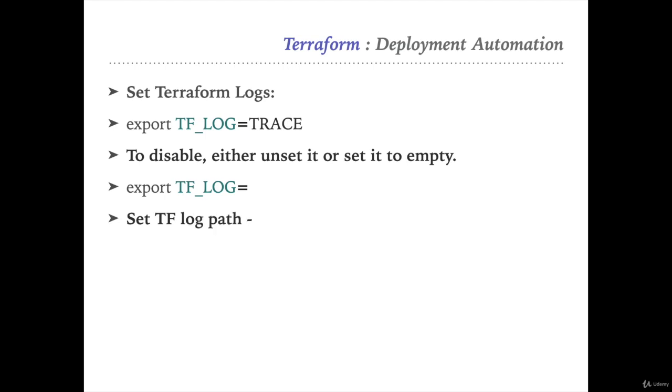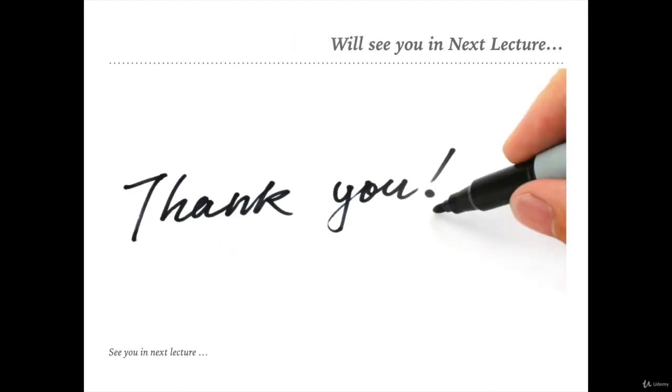Whenever you want to set the Terraform log path, you can export another environment variable called TF_LOG_PATH. Over here, we are exporting the path as ./terraform.log. It means in the current directory, and the file name will be terraform.log. So this is the way you can work with Terraform logs. Thank you team. See you in the next lecture.